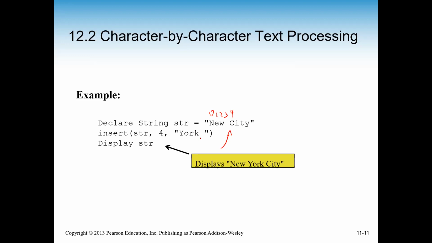Notice that York includes a space here, so that takes care of the space that's needed. And then you get that output. It displays New York City. Again, just a simple example of using the functions for strings.